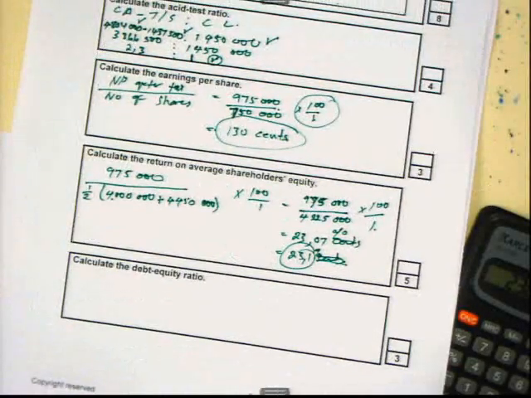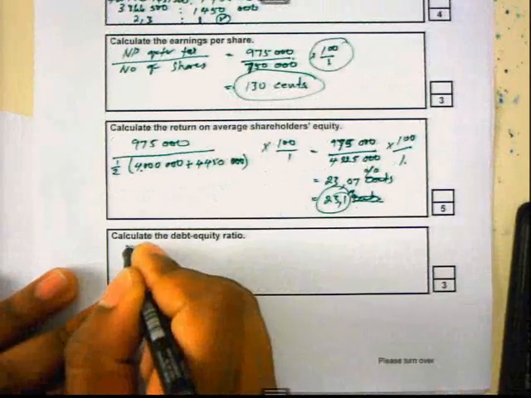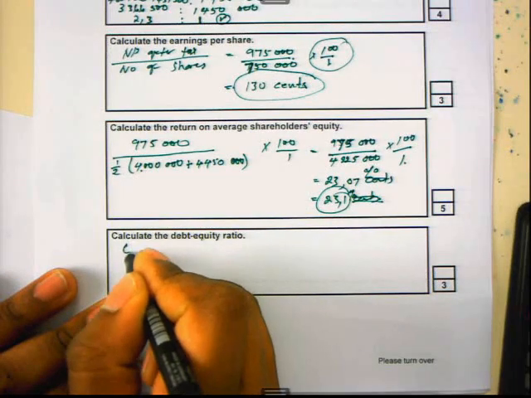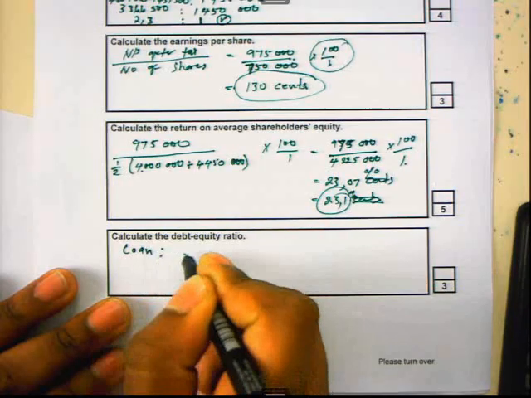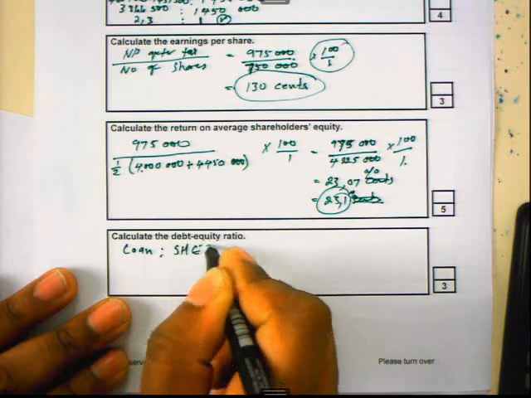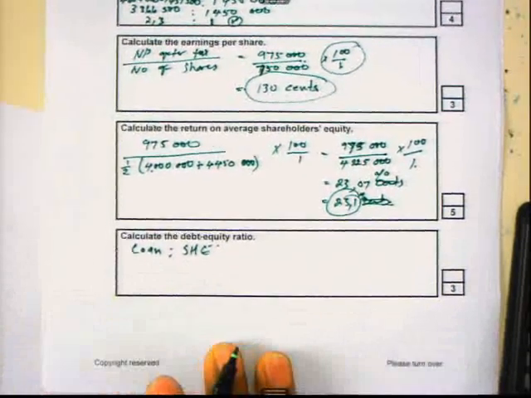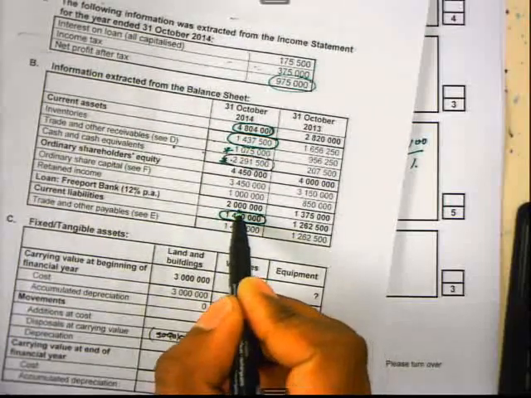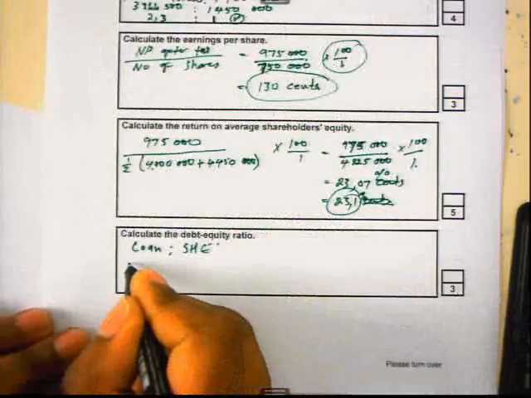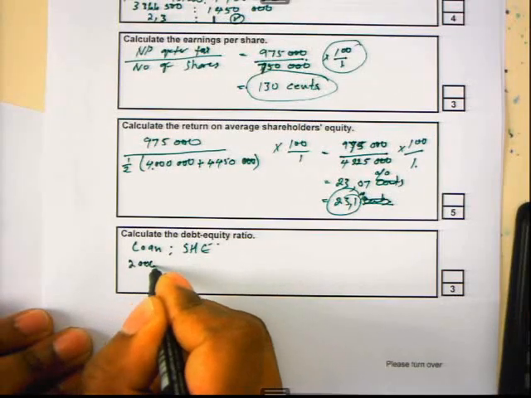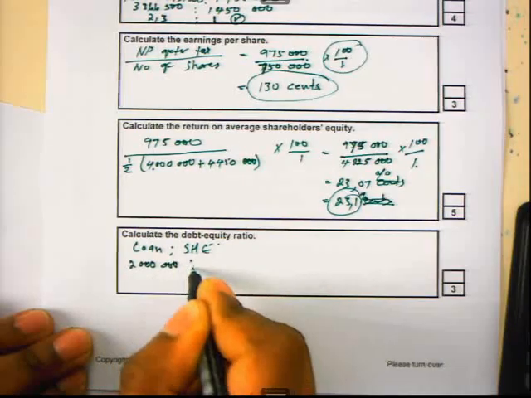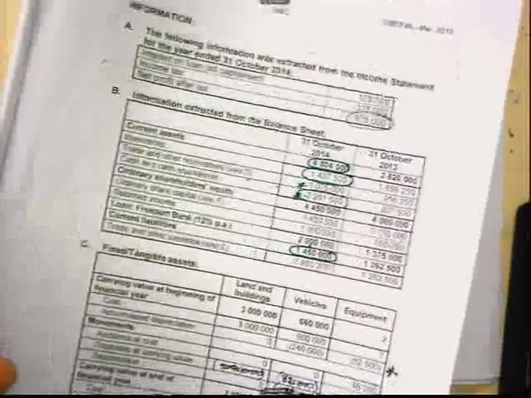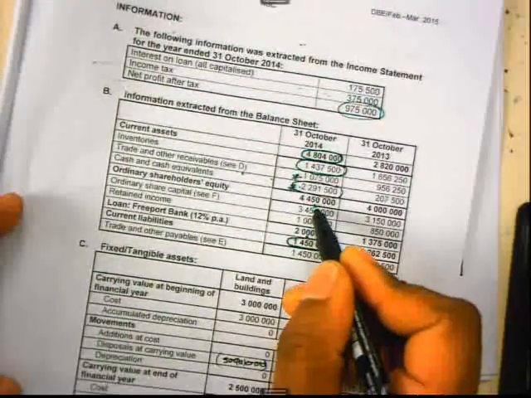Here they say calculate debt equity ratio. Your debt will be your non-current liabilities, or your loan, to your shareholders' equity. Loan is how much? Here we are. Loan is 2 million. Simply put the 2 million here. Your shareholders' equity is given. There you are, 4,450,000.